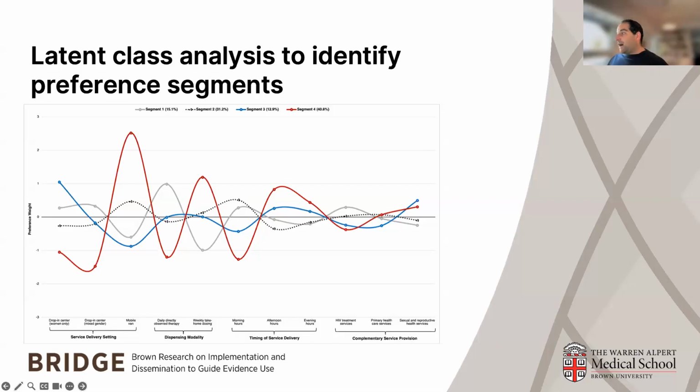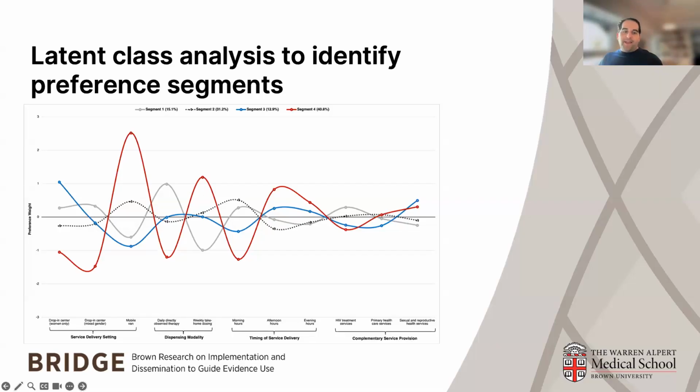So they had a positive value for the preference weight for receiving methadone from either a female only or a mixed gender drop-in center. They wanted to go every day in person to receive methadone, so they had a strong preference for daily methadone dispensing. And they also had a slight preference for receiving HIV treatment services along with their methadone.